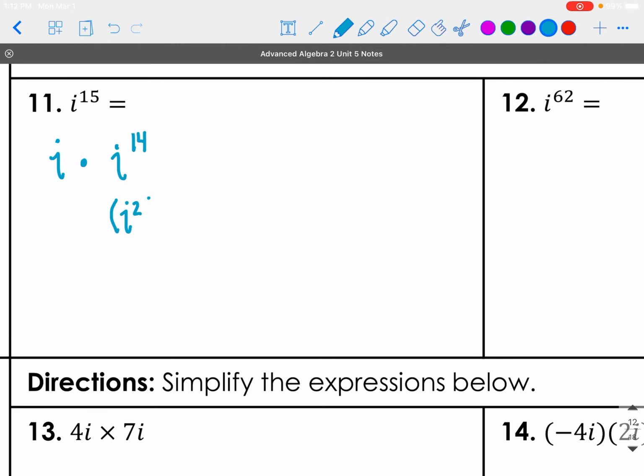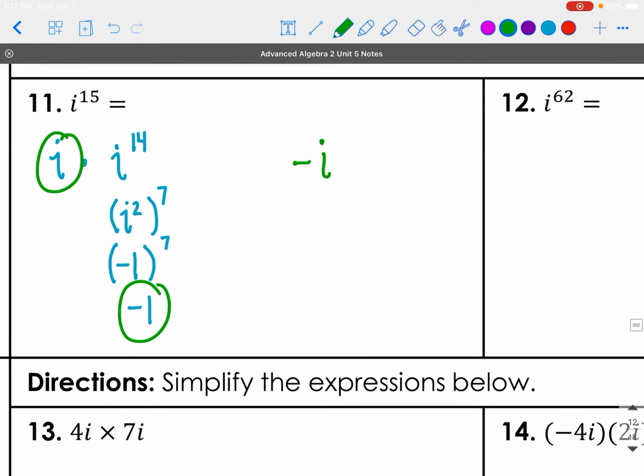This would be i squared to the 7th power, because 2 times 7 is 14. We know that i squared is -1. So that's really -1 to the 7th power. -1 to the 7th power is -1. So this is really i times -1, which is -i.